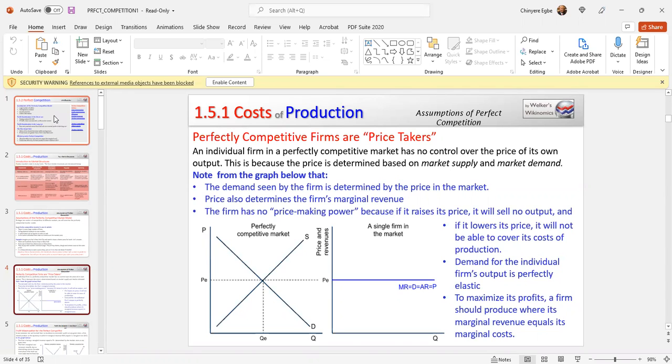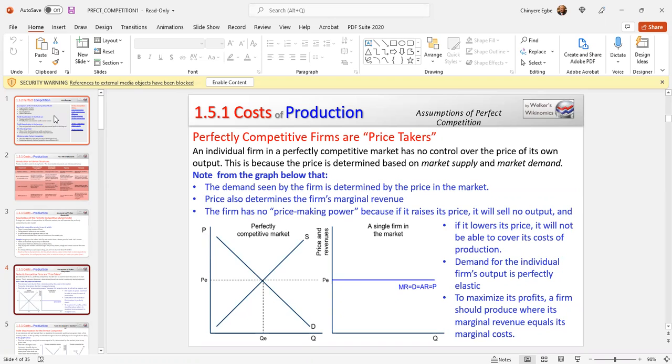Actually, you can add a fourth kind, and yes, there is a fourth kind. You have perfect competition. Then you have monopoly, which is the opposite of perfect competition. Then you have monopolistic competition, and then you have oligopoly. But for this class, we're going to focus on only three: perfect competition, monopoly, and monopolistic competition.